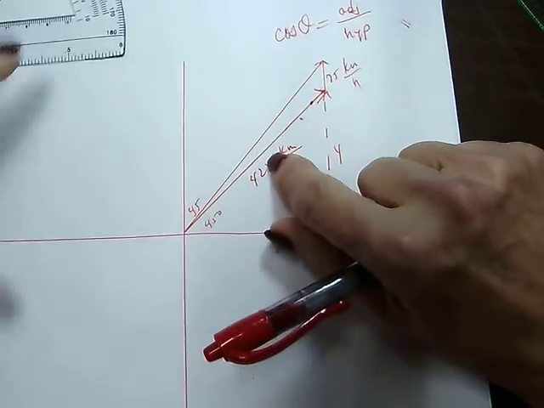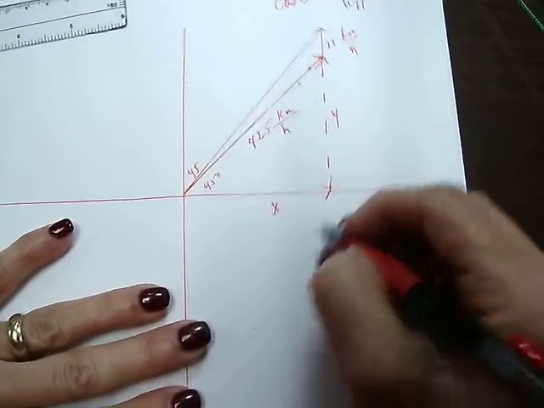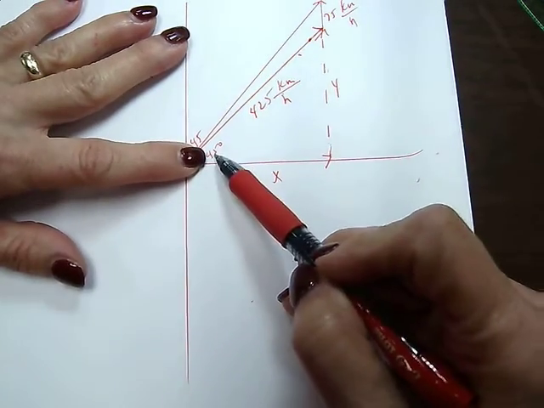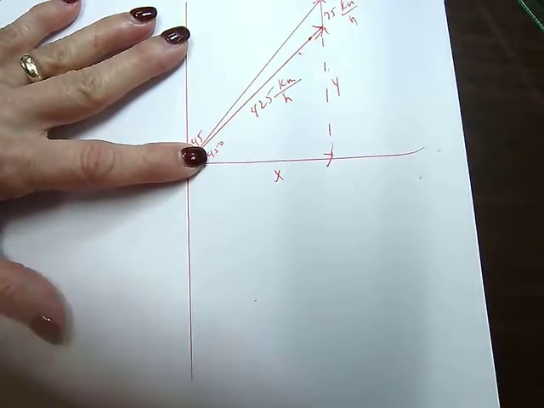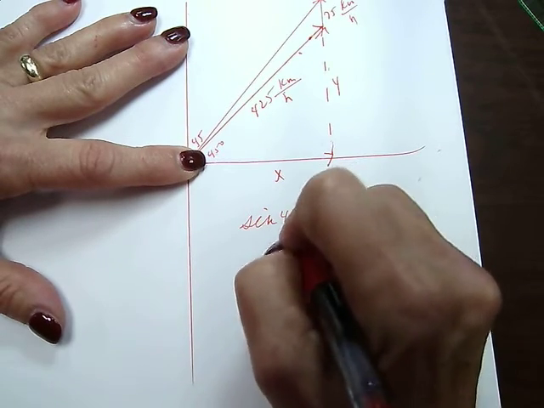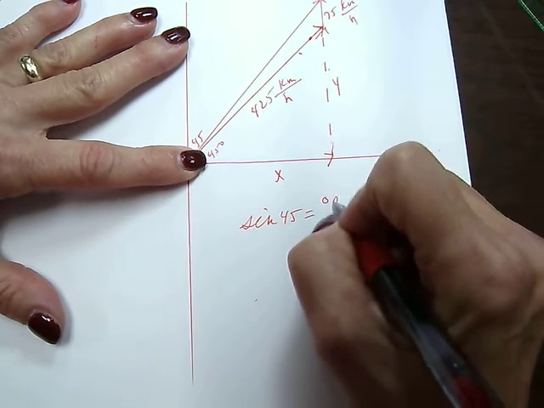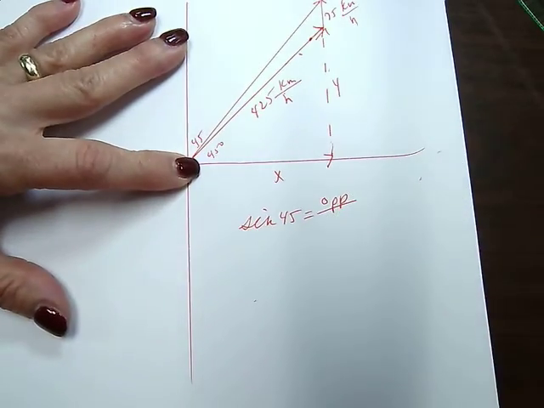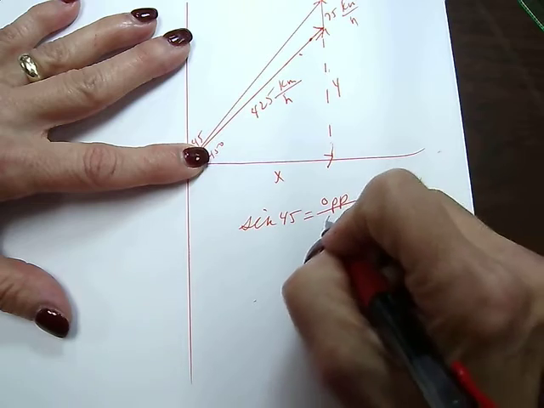Okay? So if I find the y value here, the sine of 45 is opposite over hypotenuse, which is the 425.